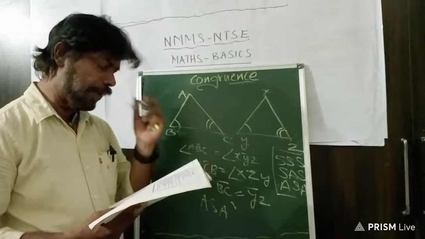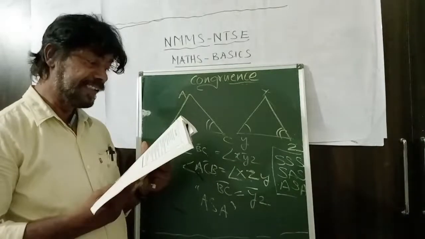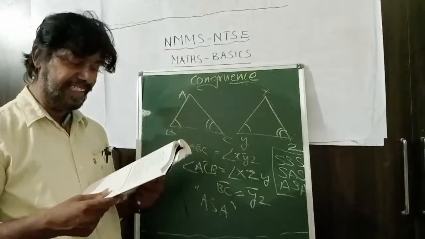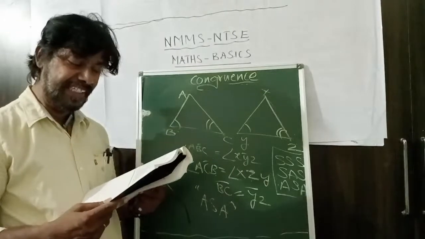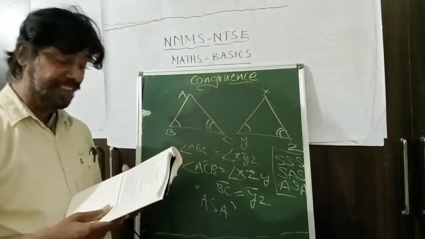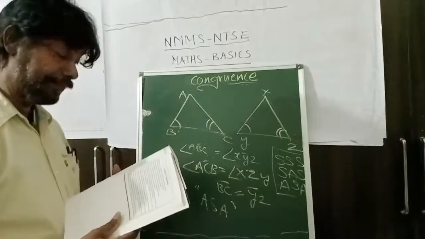SSS congruence condition: two triangles are congruent if three sides of one triangle are respectively equal to the three sides of the other triangle.